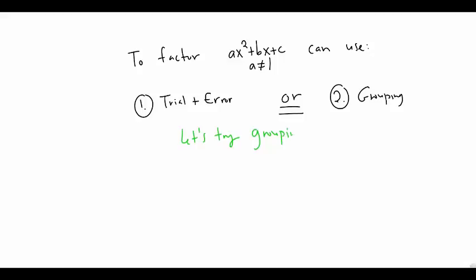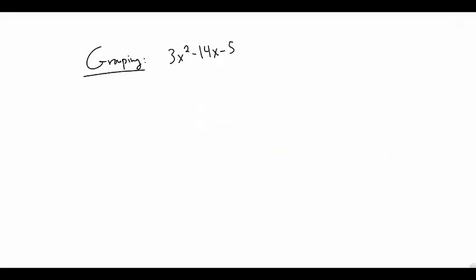Again, this polynomial may or may not factor. We're trying to factor 3x squared minus 14x minus 5. Let's review grouping. To factor something in the general shape ax squared plus bx plus c, where a is not equal to 1, we want to find 2 numbers.